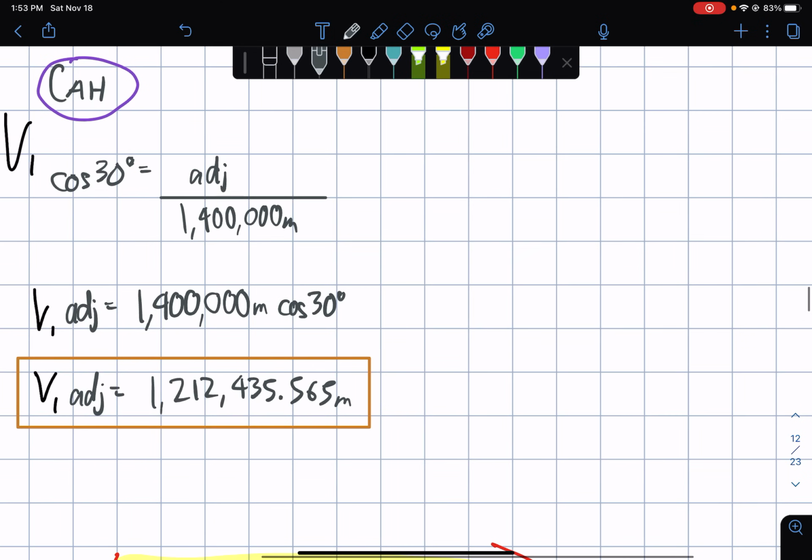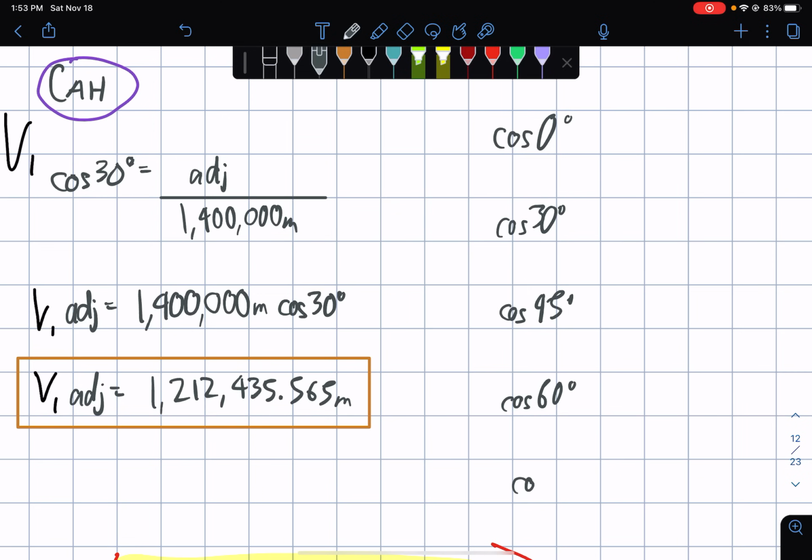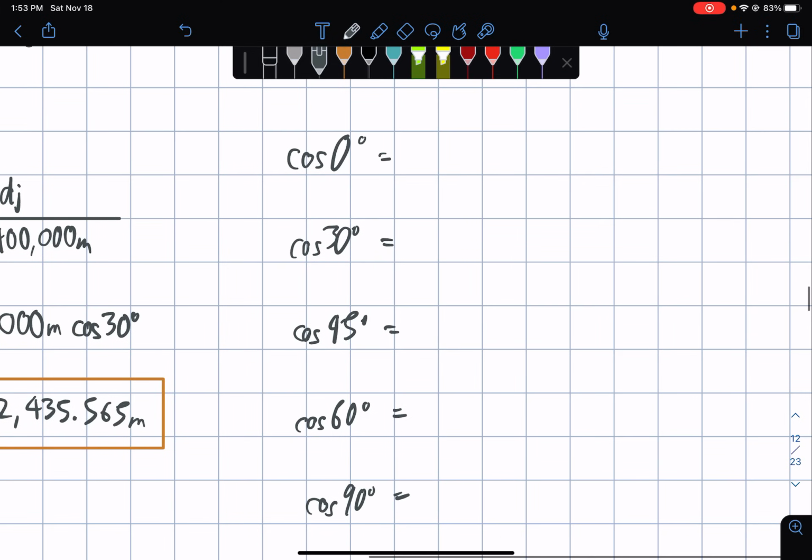So cos 30 degrees. Let me write the list. Cos 0, cos 30 degrees, cos 45 degrees, cos 60 degrees, cos 90 degrees. I hope I still memorized them. Yeah, I think I do. This time, still consecutive numbers in the numerator.